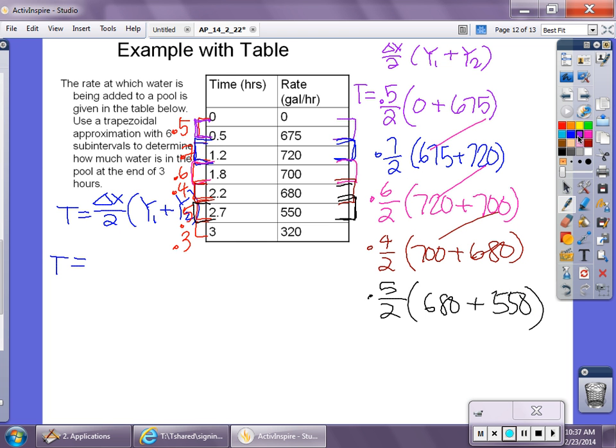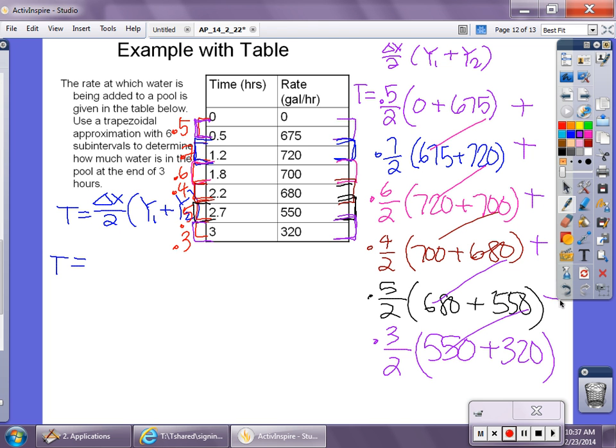And then the last one here, 0.3. And then last two, 550 and 320. And for those, I know I did it right because all of my interior y values will match. Add those all up, so do a sum in your calculator, and you would have the trapezoidal approximation.